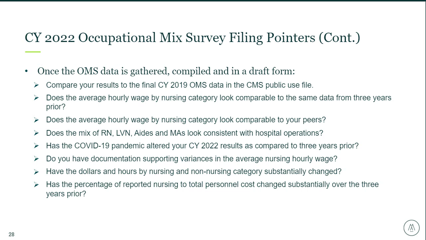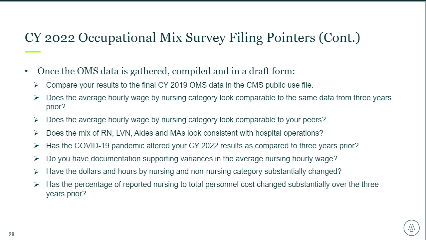Another item to consider is how has the COVID-19 pandemic altered your 2022 results as compared to 3 years prior? Do you have documentation supporting these variances in the average nursing hourly wage, and have the dollars and hours by nursing and non-nursing category substantially changed?